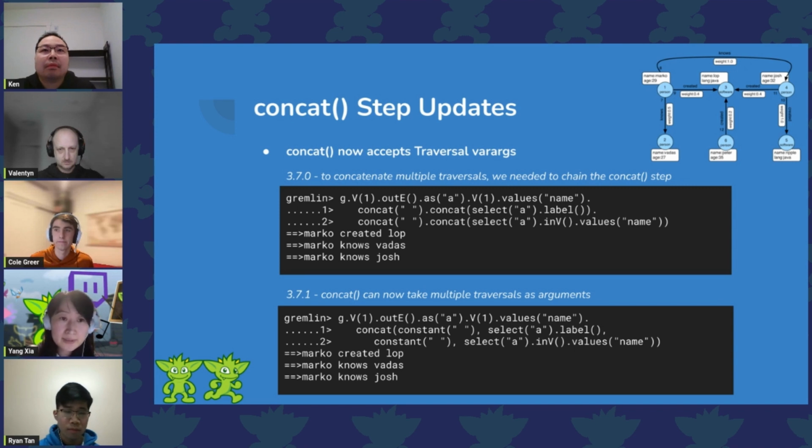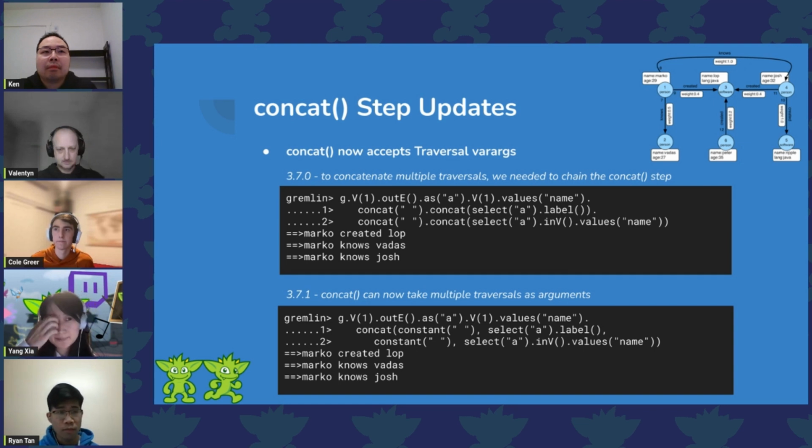So in 3.7.0, concat can only take one traversal argument. So that means if you wanted to concatenate multiple traversals, you need to just chain the concat step.